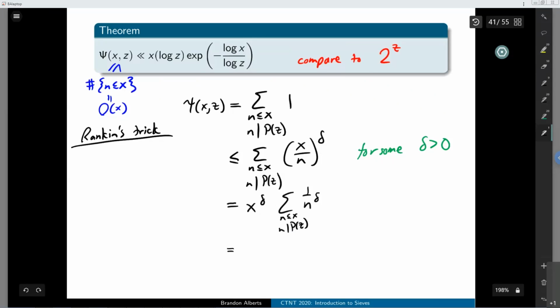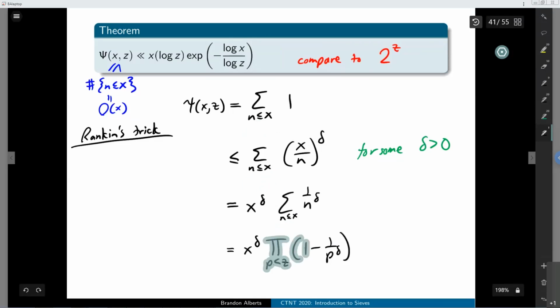This factors, so we have x to the delta times the product over p less than z of 1 minus p to the delta. I think I have a typo on my slide here. Yeah, I don't want this condition. Hold on 1 second. I'm going to fix that. We want this.